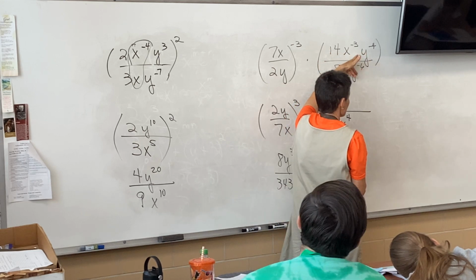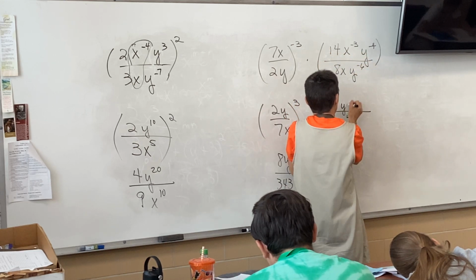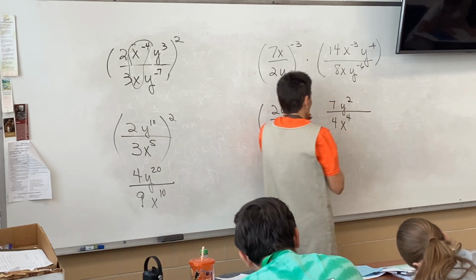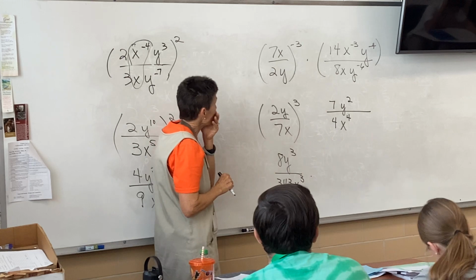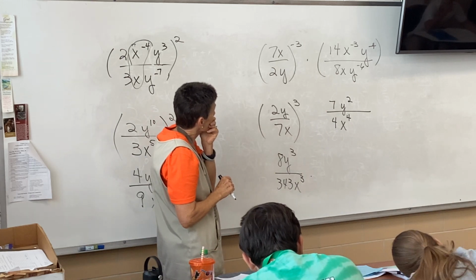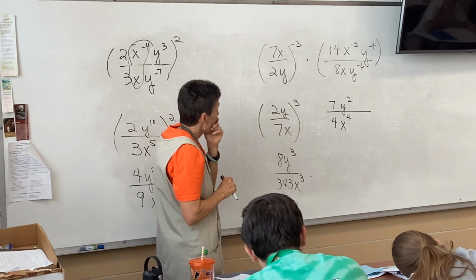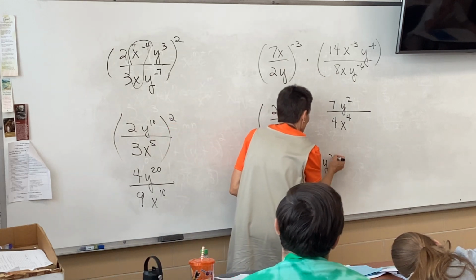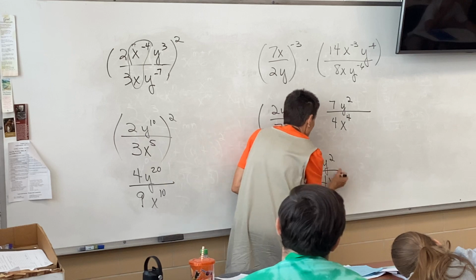These switch places and simplify y to the 6th, or y to the 2nd. Oh, did I get all that right? Yeah. You agree? And it's not squared or anything, so that's just it, so that's what I'm multiplying, times this other one.